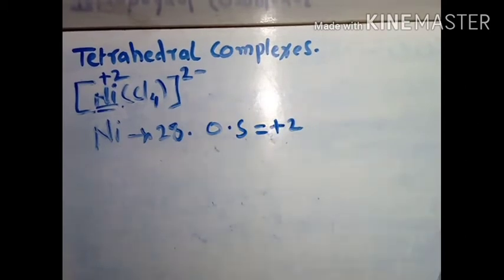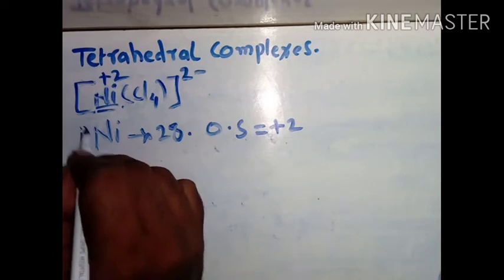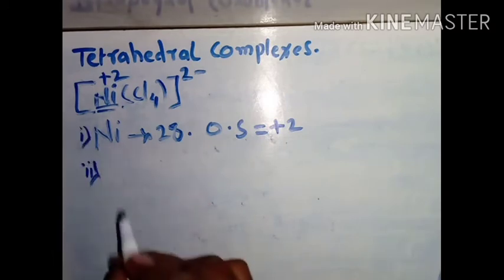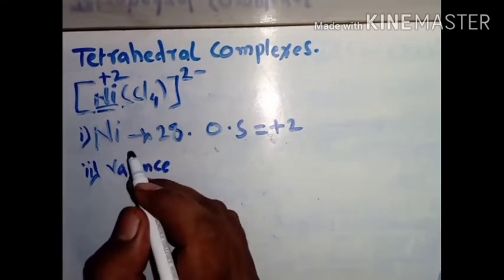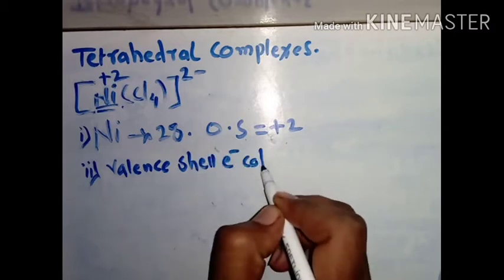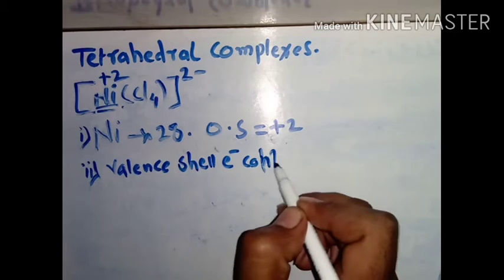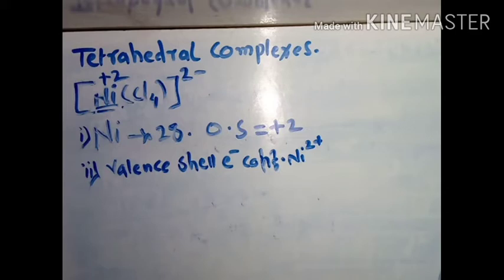The second thing you have to do is write the valence shell electronic configuration of Ni2+ by removing the electrons. Ni2+ means nickel losing 2 electrons from its outermost shell.